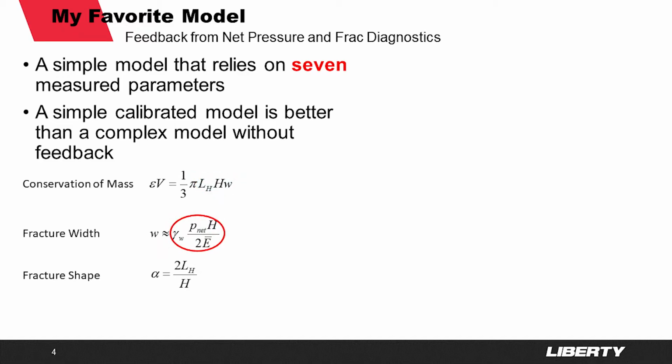Now, the fracture width equation is slightly different as well, because I'm using a fracture width coupling coefficient that's somewhat variable and that can account for composite layering effect issues as the fracture grows over different heights. Typically, we can calibrate this particular parameter through the calibration process. And then finally, the parameter that we're using in an additional equation is the ratio of the total length to the height, and I'm calling that coefficient alpha in this particular set of equations.